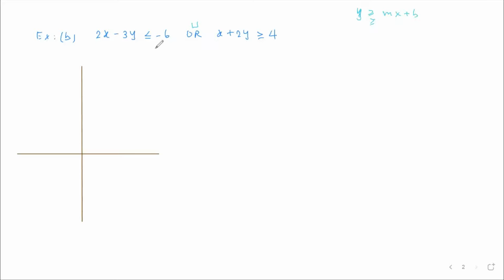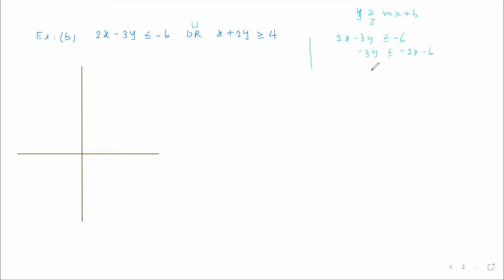From the first one here, I write down this side: 2x minus 3y less than or equal to negative 6. So I can simplify to negative 3y less than or equal to negative 2x minus 6.